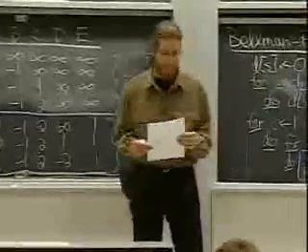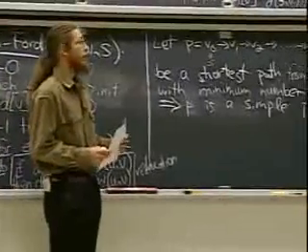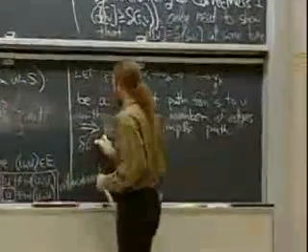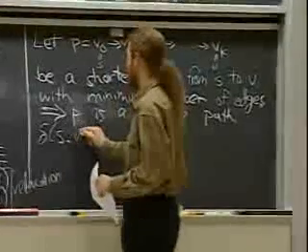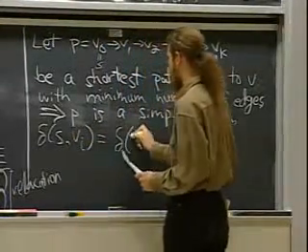Okay. Now, what else do we know about this shortest path? Well, we know that subpaths of shortest paths are shortest paths. That's optimal substructure. So we know what the shortest path from s to vi is, sort of inductively.